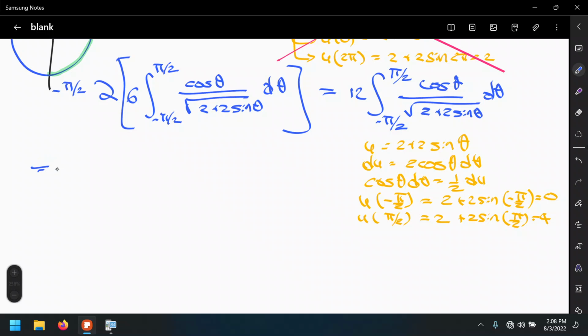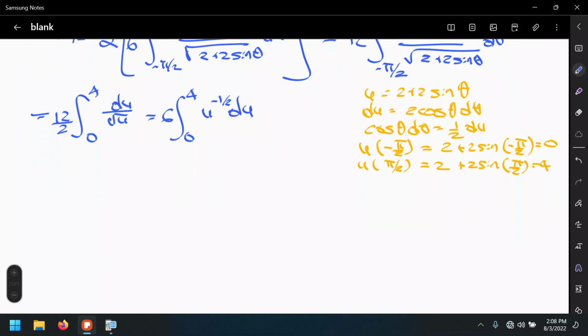So that's going to be 12 times the integral from 0 to 4 of du over square root of u times 1/2. I'm going to write the 1/2 down outside of the integral, and that's going to be 6 times the integral from 0 to 4 of u to the negative 1/2 du, and by the general power rule, that's 6 u to the 1/2 over 1/2 from 0 to 4.